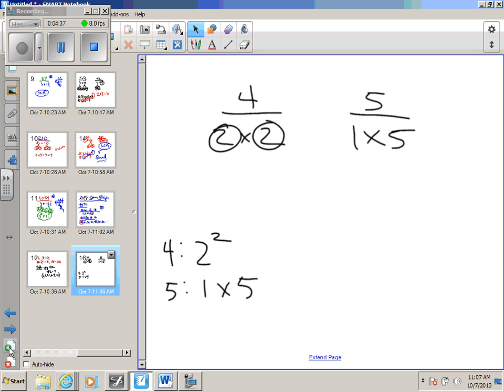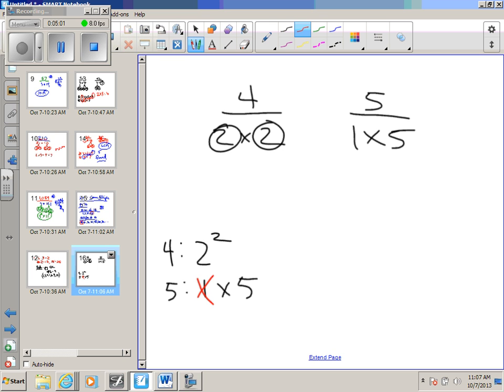Okay? Now, when I want to look at what's different, I'm going to then focus on that. Now, I can only use each factor one time. So I'm not going to bother with this 1. Why? When I multiply anything by 1, it's going to remain the same.